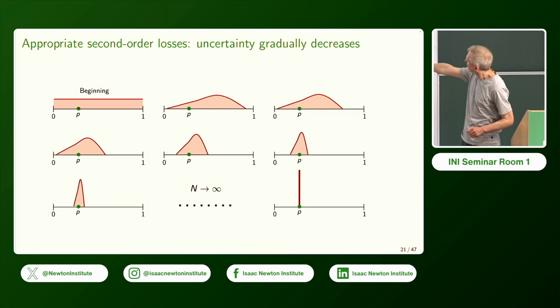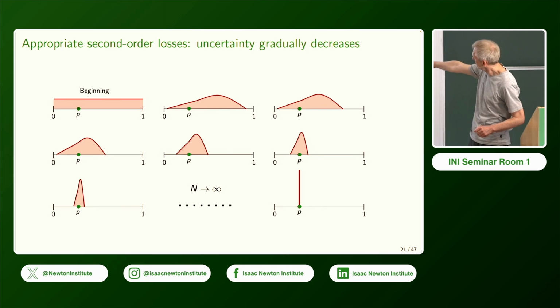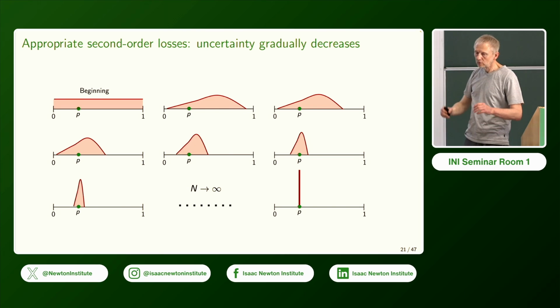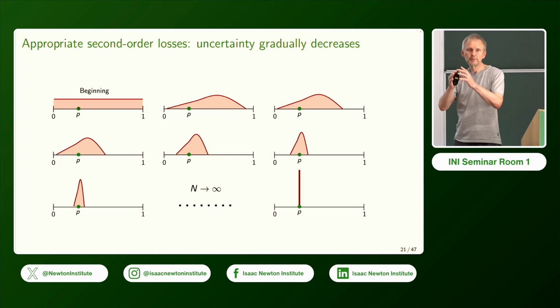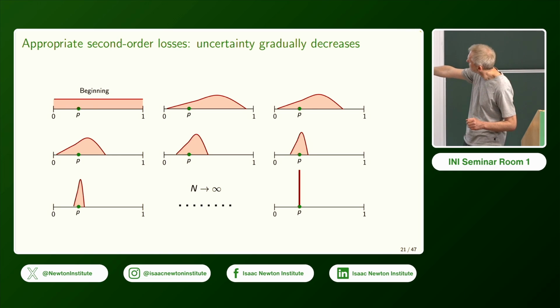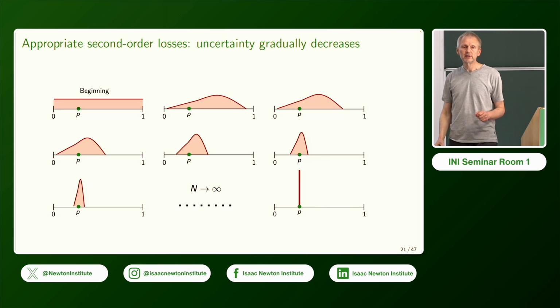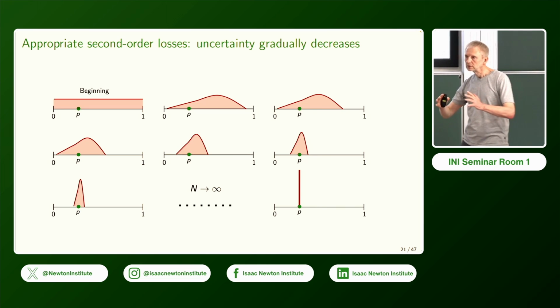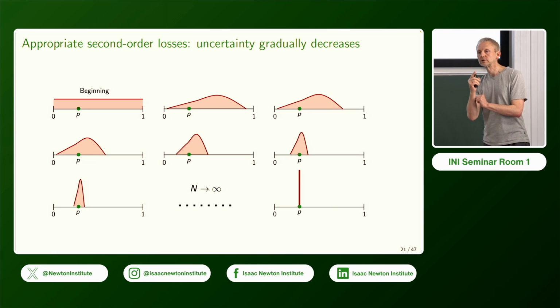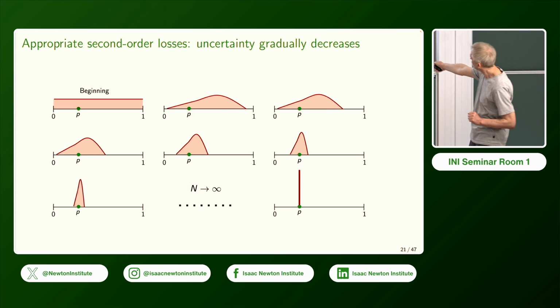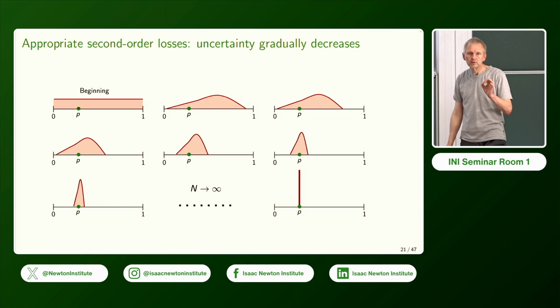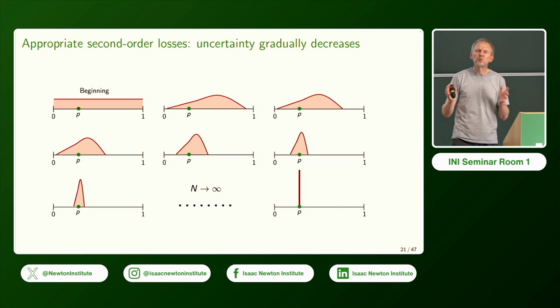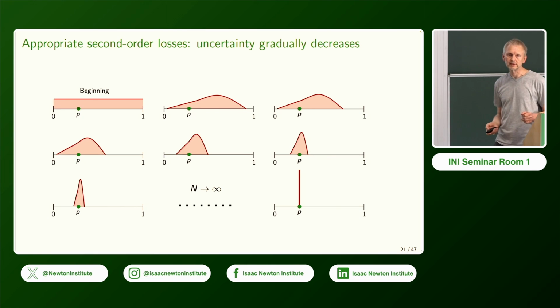And then the more data the learner sees, the more concentrated the distribution will become around the ground truth, ideally. And in the limit, when n goes to infinity, ideally the second-order prediction should converge to a first-order prediction where you put all the probability mass on the ground truth. Qualitatively, at least, this is what we would expect.